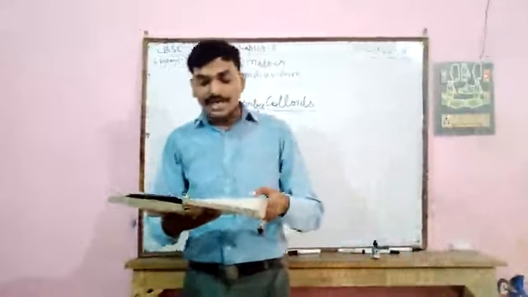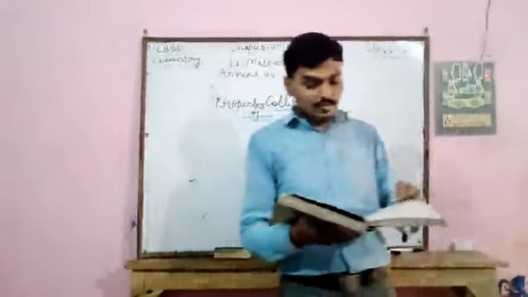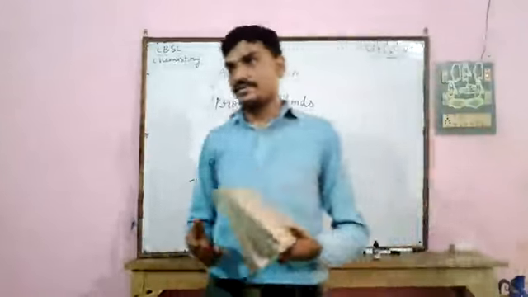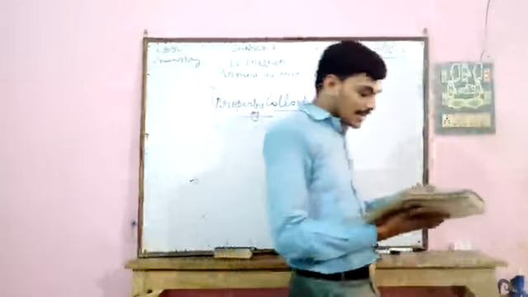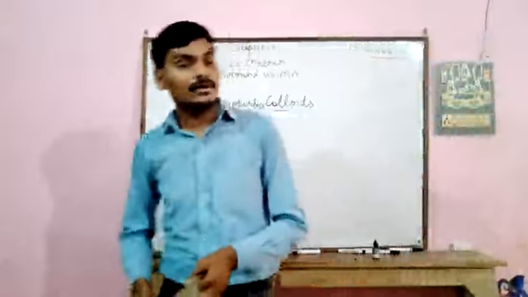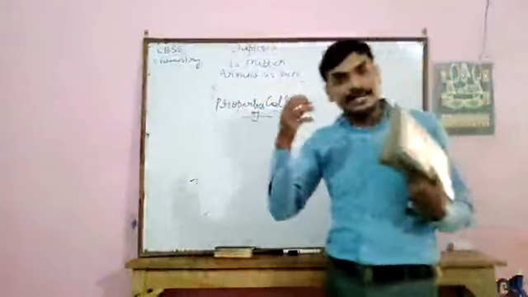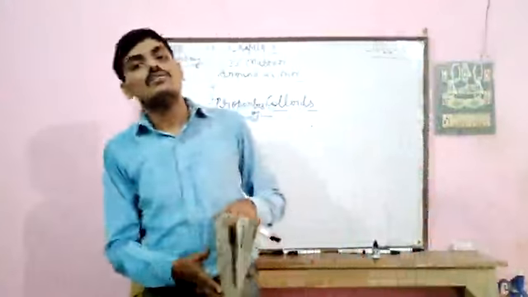The size of particles in a colloid is bigger than those in a solution, but smaller than those in a suspension. The particles of most colloids cannot be seen even with a microscope.